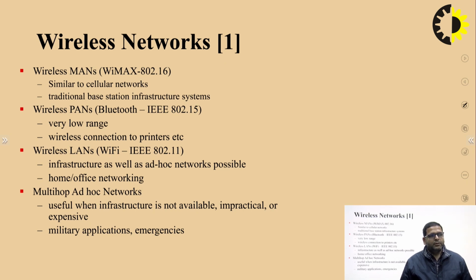Next is the wireless local area network, for example Wi-Fi, which is popularly known as wireless fidelity, and it is based on the IEEE 802.11 standard protocol. It uses infrastructure as well as ad hoc networks, and its application is home and office networking.